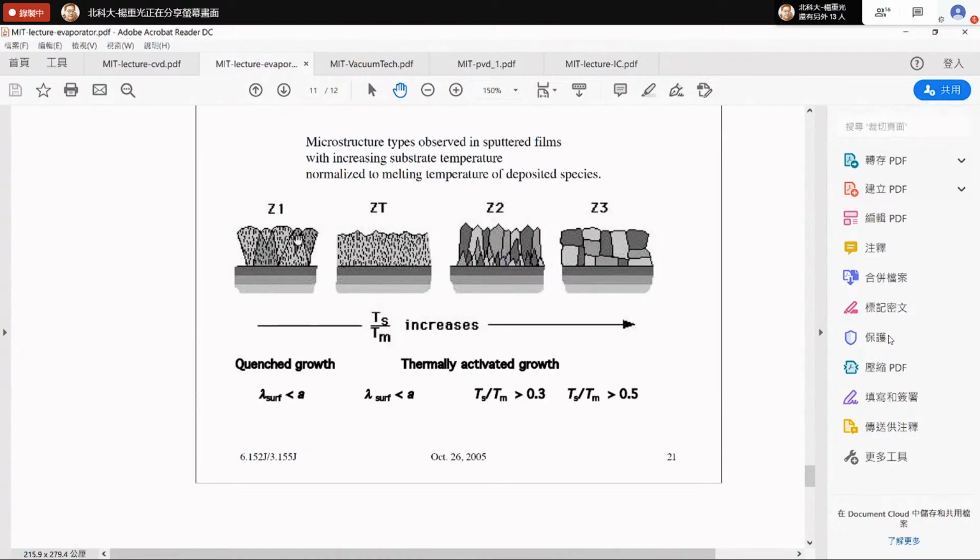This is a columnar growth, and this is a thermally activated growth. This is quite interesting, and you see this has a clear grain here. So increasing the temperature, you will see this is a layer, island, and homogeneous and crystalline.